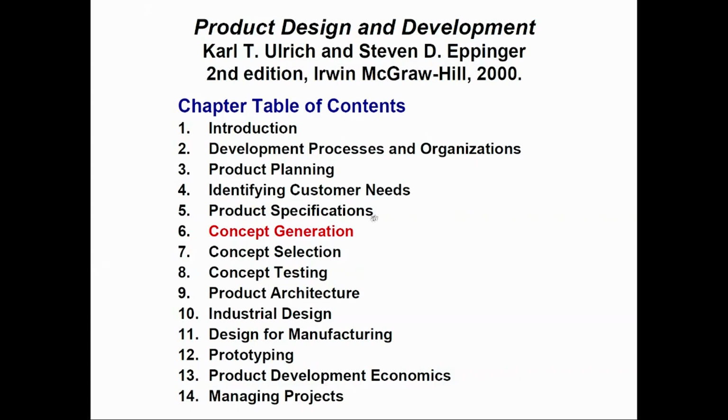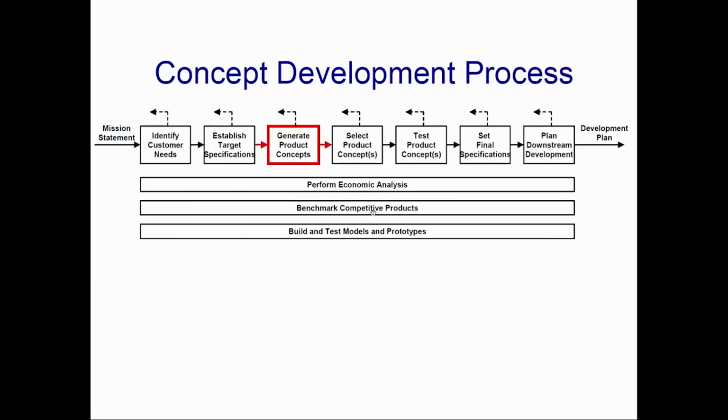Seen there? Product specifications. After customer needs you have target specifications, then you have concepts, and then final specifications and all that. Here, for convenience's sake, things have been made into neat small boxes and shown as a sequence.